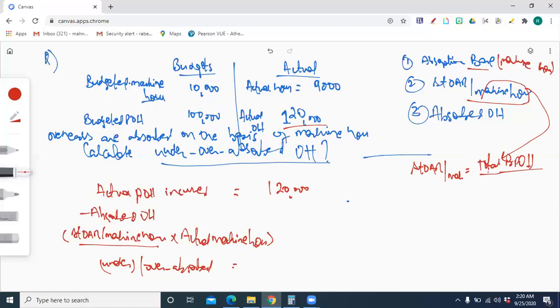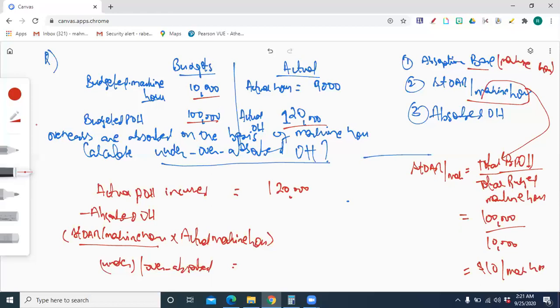Don't worry. Here you are given both values. 1 lakh is the budgeted production overhead, budgeted machine hours are 10,000. You get the rate, and the rate is 10 per machine hour, right?